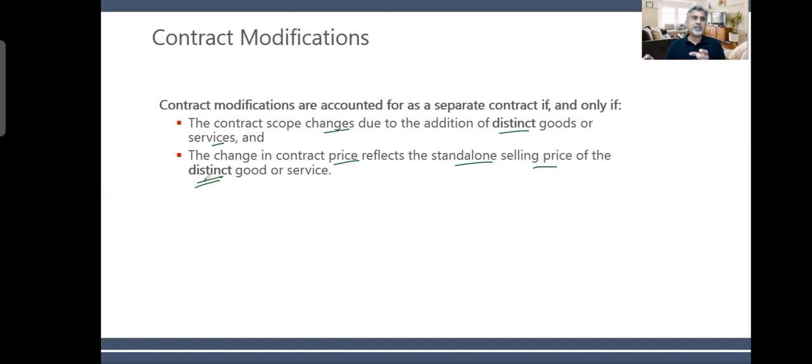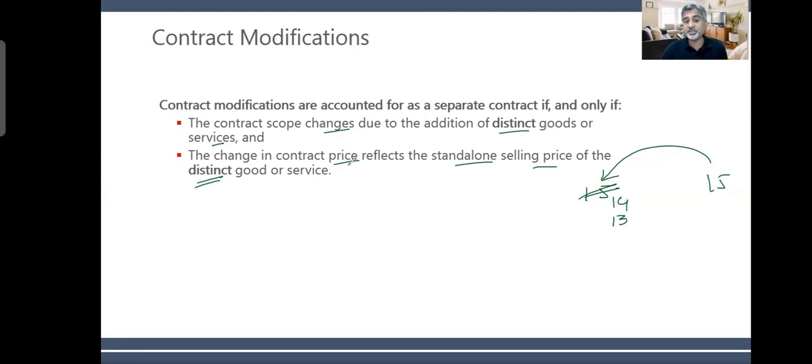So maybe you are adding some particular item which is sold in the market separately for $15, and you are adding it into the contract again as $15. If this is the case, then it is a separate contract. But if you are adding it here for $14 or maybe $13, then you can consider it a modification.